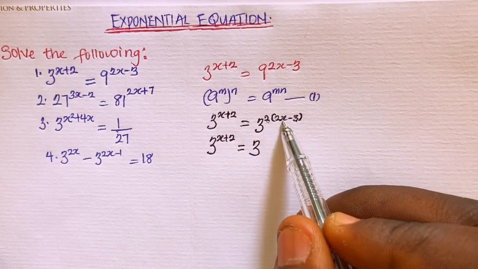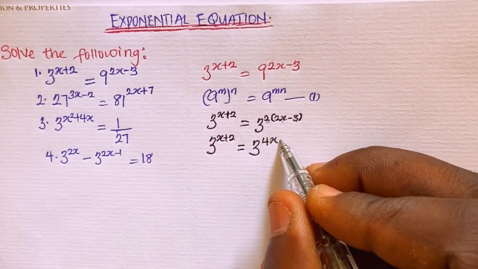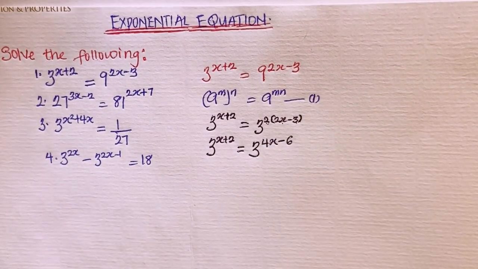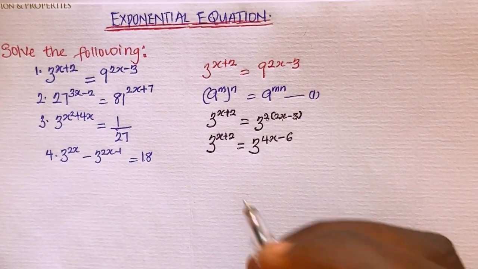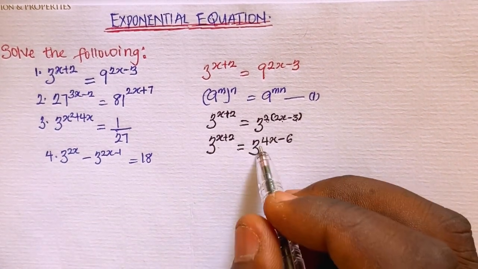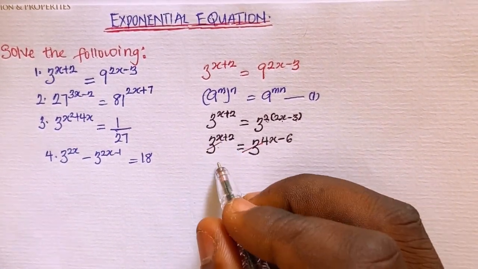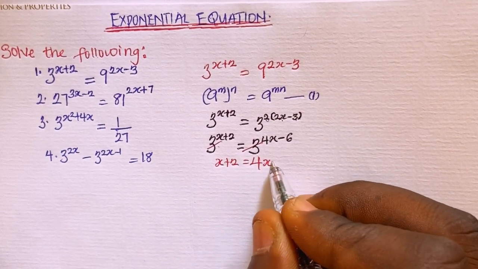Then 2 multiplied by 2x is 4x, and 2 multiplied by minus 3 is minus 6. Since these have the same base, I can just cross them out. Then I'm going to have x plus 2 equal to 4x minus 6.